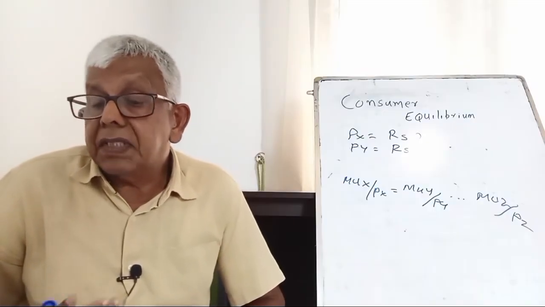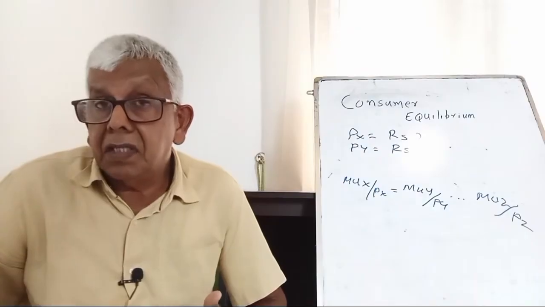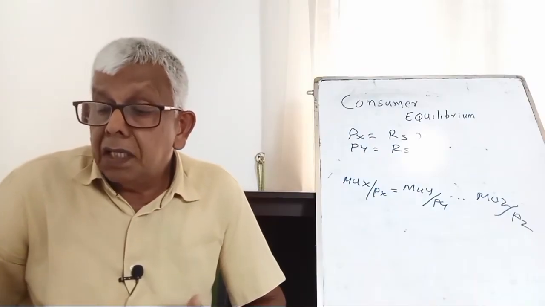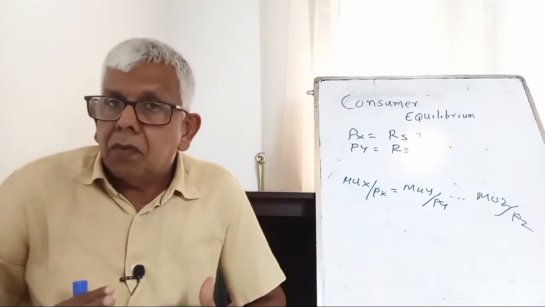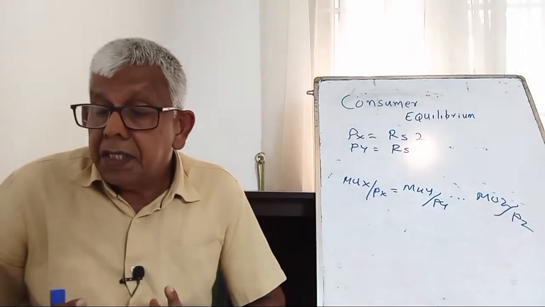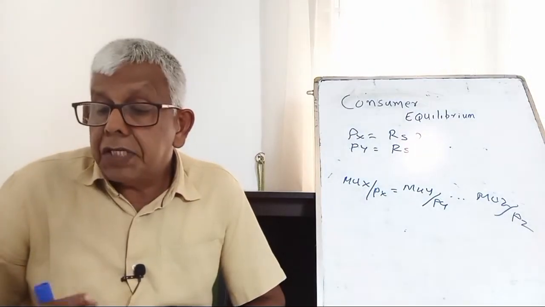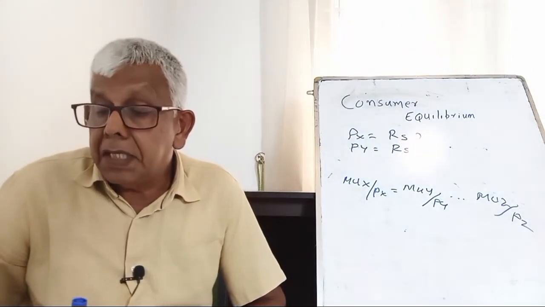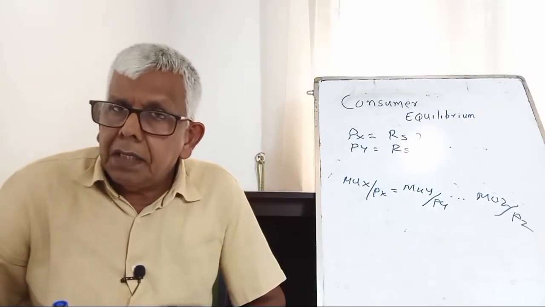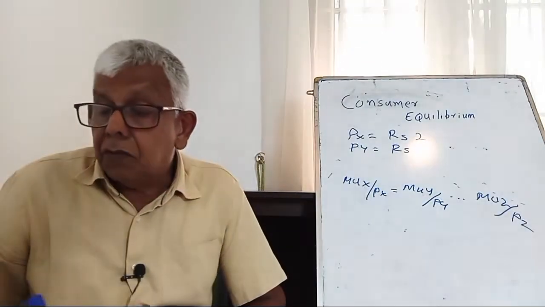Take the first point of equi-marginal utility: X equals 1, Y equals 1, MUx divided by Px equals 10, MUy divided by Py equals 10.